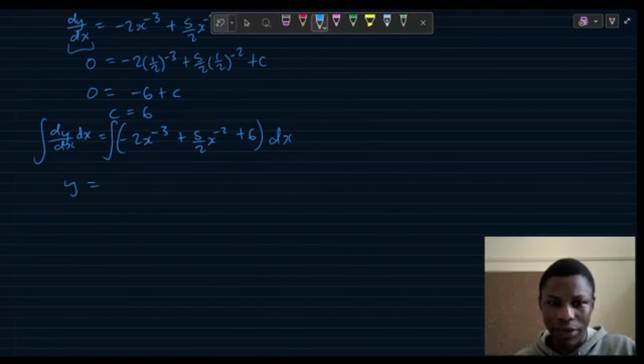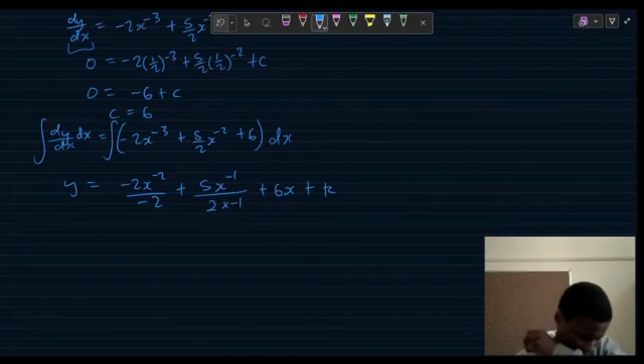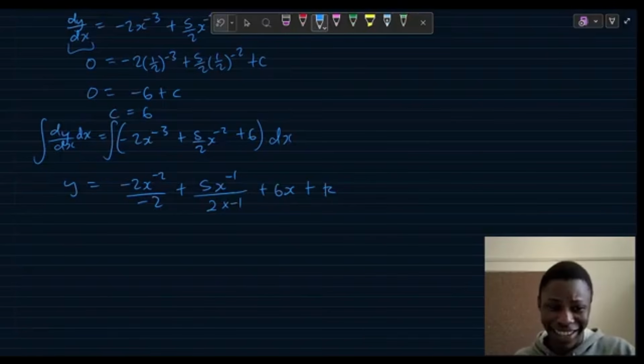And then if you integrate negative 2x to the negative 3, that's negative 2x, add 1 to negative 3, that's negative 2, divide by negative 2. And then you've got plus 5 divided by 2, x, add 1, negative 2 plus 1, that's negative 1, divide by that negative 1, plus 6, that becomes x, and of course plus a constant of integration.